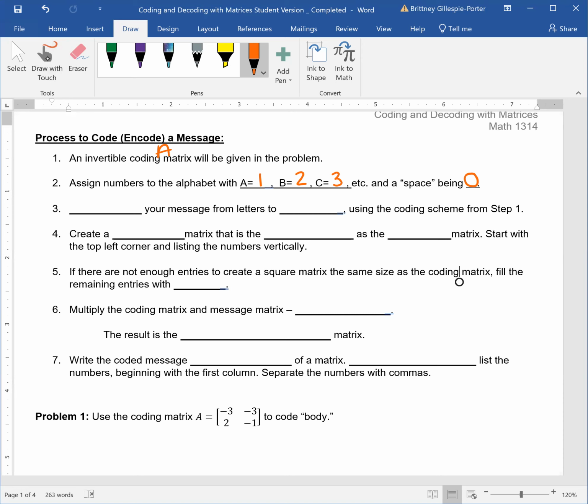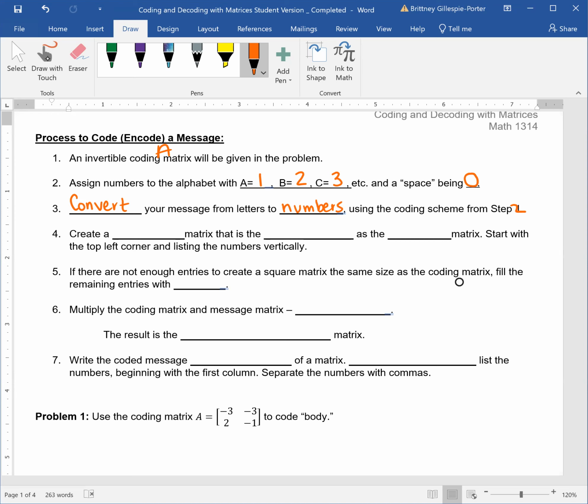You are going to convert your message from letters to numbers using the coding scheme from that, which should be step 2.